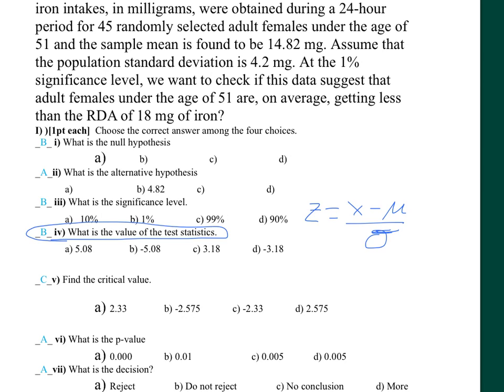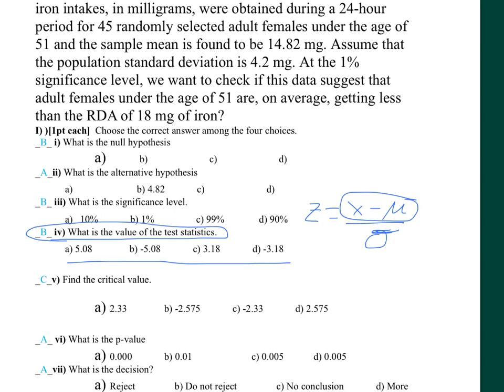What they're doing here, which is kind of interesting, is the values that they're giving you just pertain to the numerator and not to the denominator for some reason. The sigma that they gave you was 4.2 milligrams.